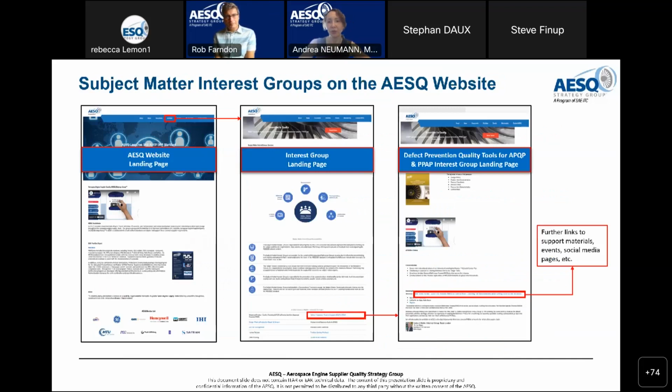I think all of you found how to register for these events. So I think you already know the AESQ site, and there you will also find the interest group, and there the defect prevention, where the reference manuals are also part of.